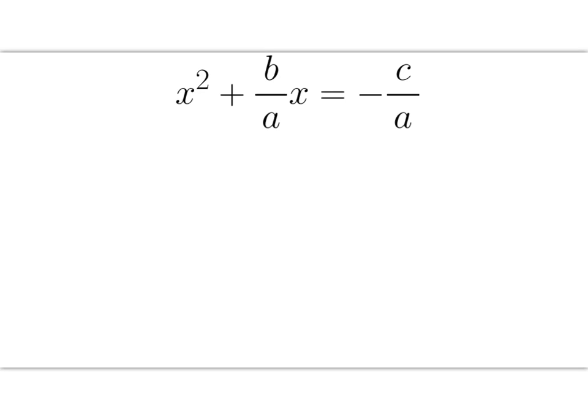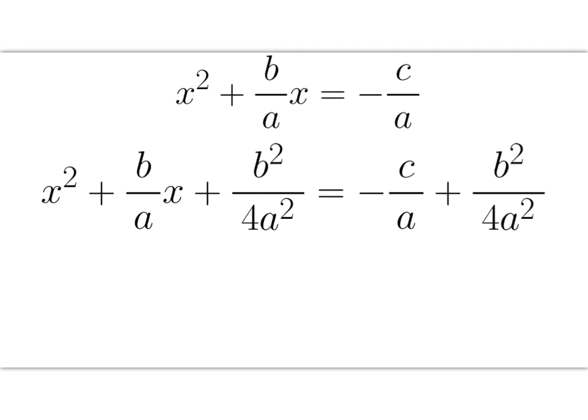So here's that last line again from the previous slide, and I'd like to get this into something that's, quote-unquote, factorable. And so I'm going to pick a number, and I'll explain another time, if you're interested, why I've chosen this number. But I've taken the values of a and b, and I've decided to add to the left-hand side of the equation b squared over 4a squared.